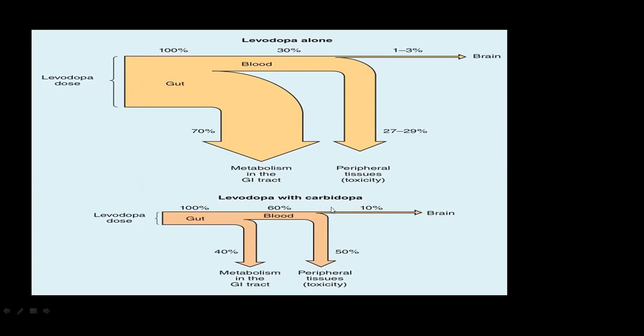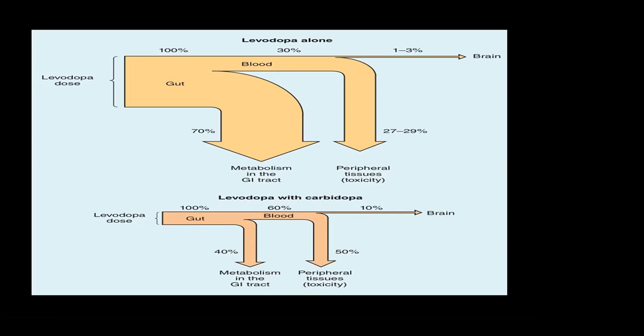So orally, it is given and absorbed in the small intestine, and two-thirds, as previously mentioned, two-thirds of the metabolite of the levodopa is secreted via urine.